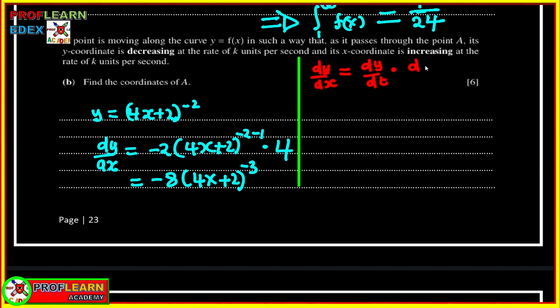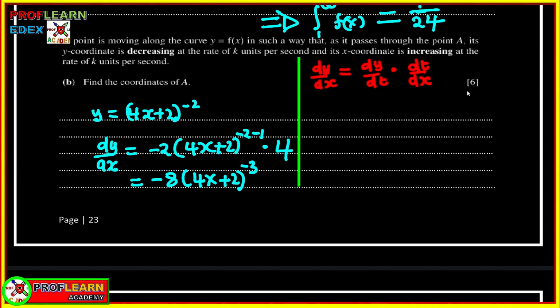Then remember that dy/dx, by rates of change, is the same as dy/dt times dt/dx. Because if you cancel dt, you are going to remain with dy over dx. So if you are finding dy/dx, you can join dy/dt times dt/dx. And dt/dx is actually the reciprocal of dx/dt.